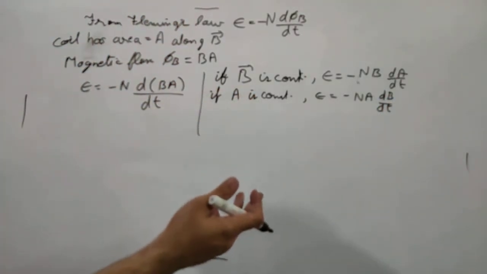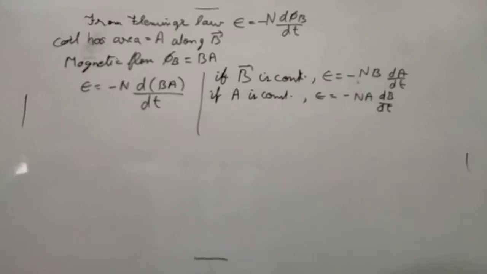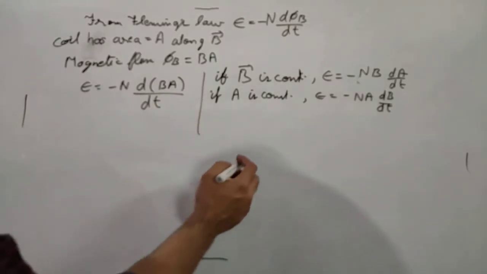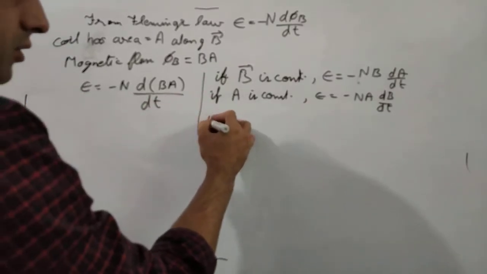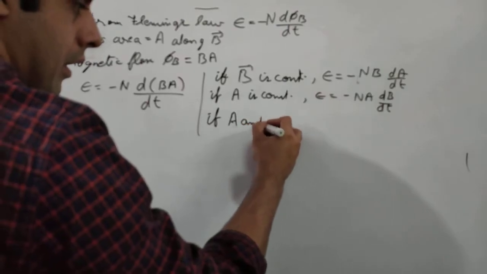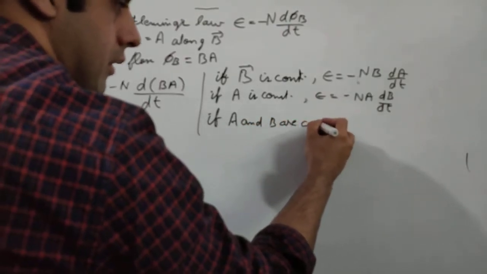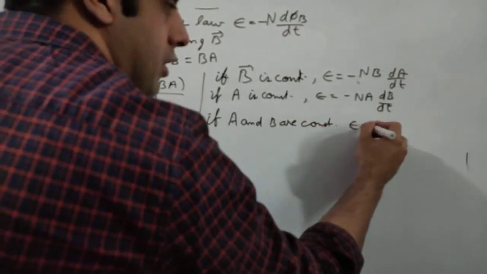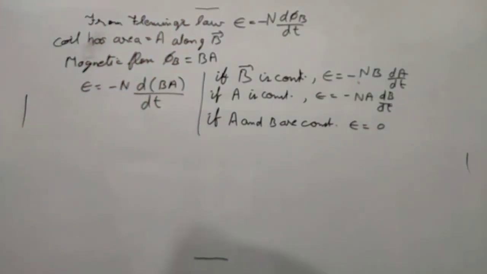And we know that if both A and B are constant, then no change in the magnetic field lines associated with the coil, and the induced EMF will be equal to 0.